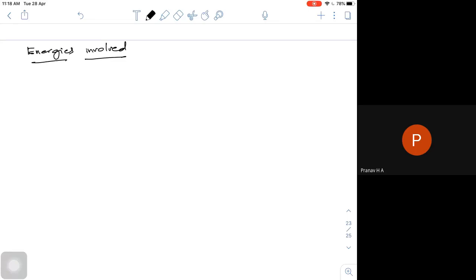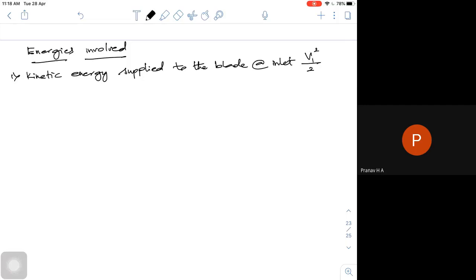So I can write the kinetic energy supplied at the inlet to the fixed blade as V1 square divided by 2.